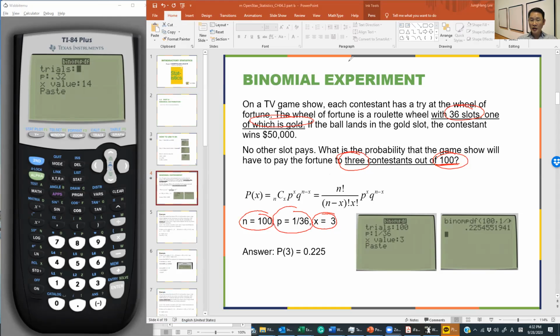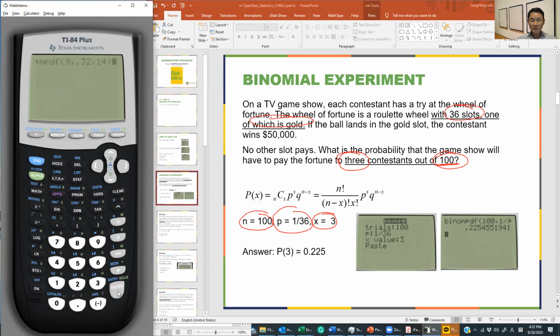So let me actually go back. Let me put in this random number, get this result and clear. From the last lecture, we knew that the answer was 0.225, but let's see how we can get this.